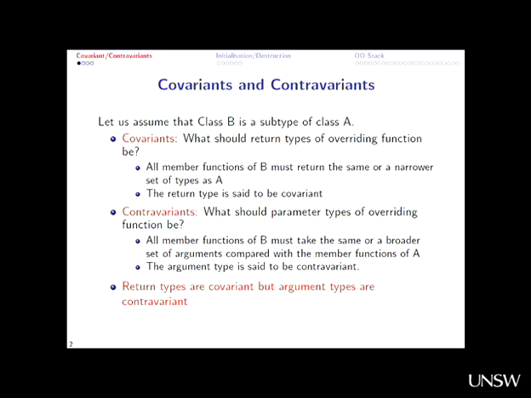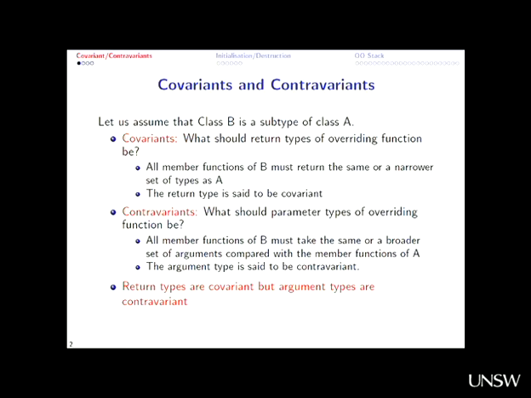So if we have a function, say the net price function that we had for DiscountedBook and for Book on Monday, what should the return type of that overriding function be? All the return types of the overridden functions should return the same type or a narrower set of types as what the base class had. Okay, and this is said to be covariant.